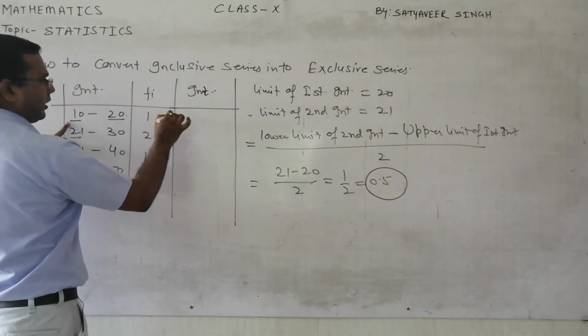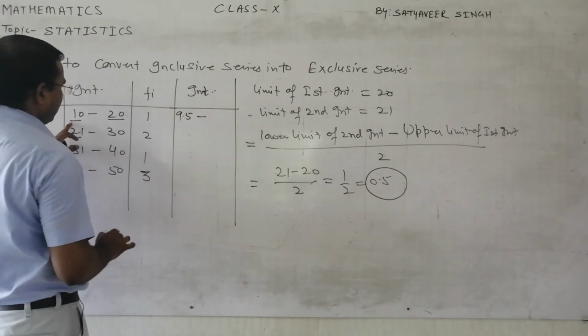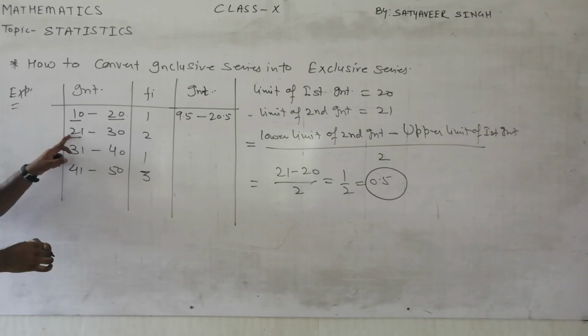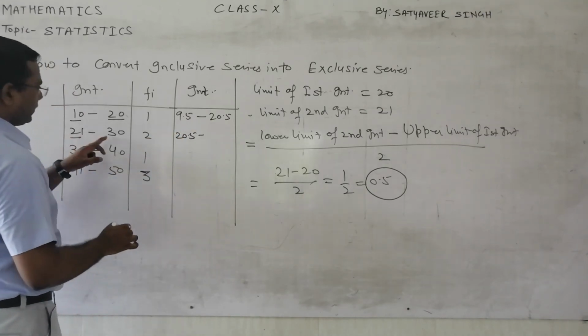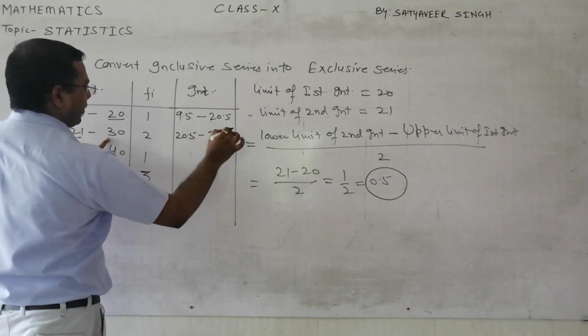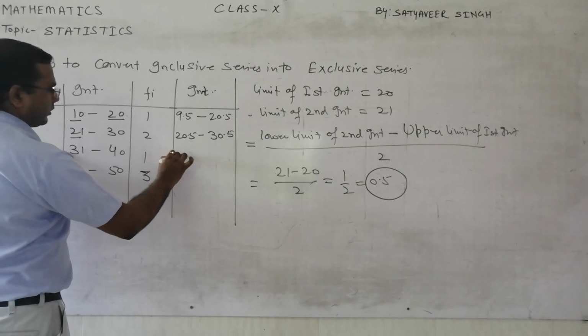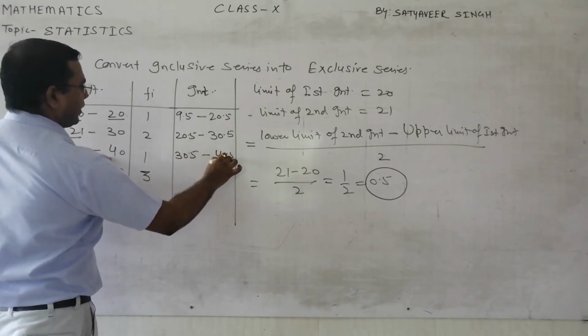So it will be now, if you subtract 0.5 from this, it is 9.5 and this will be 20.5. From this if you subtract 0.5, it will be 20.5. This will be 30.5. This will be now 30.5 and this will be 40.5.